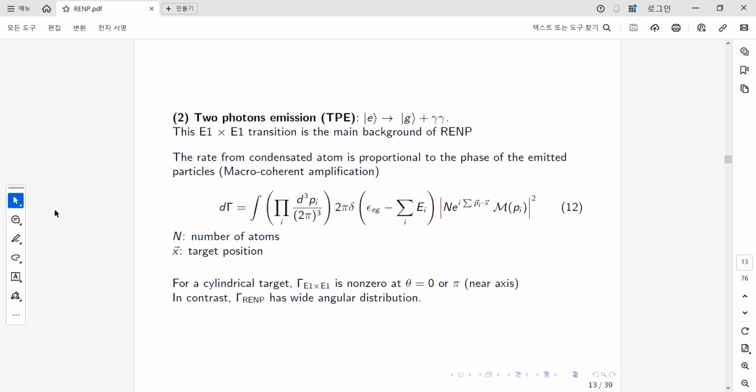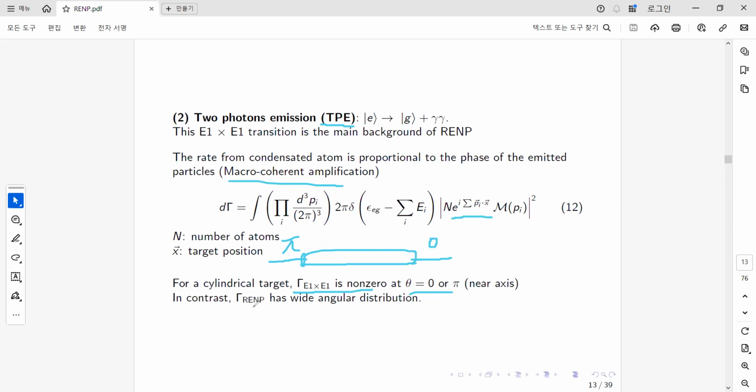For example, for a cylindrical target, such a TPE process only occurs near the axis. So the E1 times E1 signal is non-zero at theta equal to 0 and theta equal to pi from this macrocoherent amplification with this phase factor.